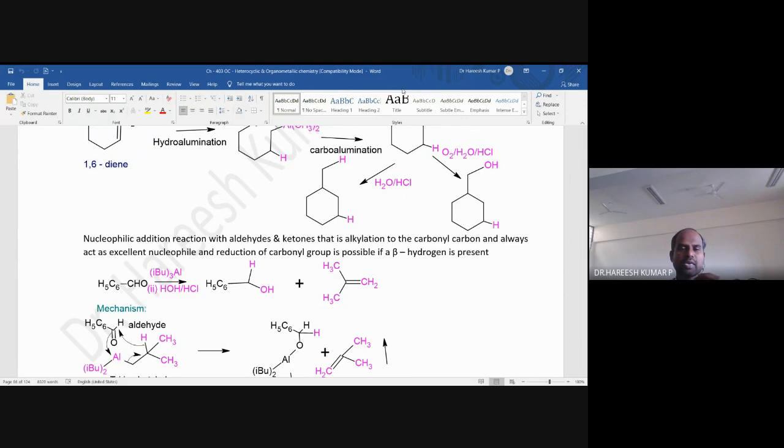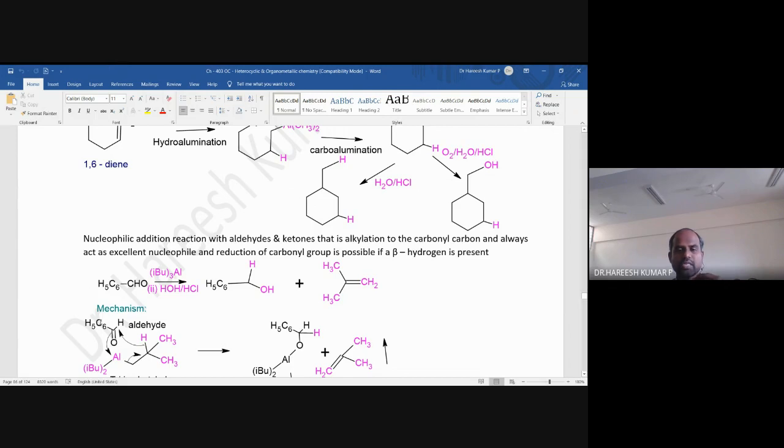If in a substrate we are replacing a leaving group with a better nucleophile, it's a substitution reaction. If we are adding, for example, hydroiodic acid to a double bond or carbonyl compounds, that is called an addition reaction.